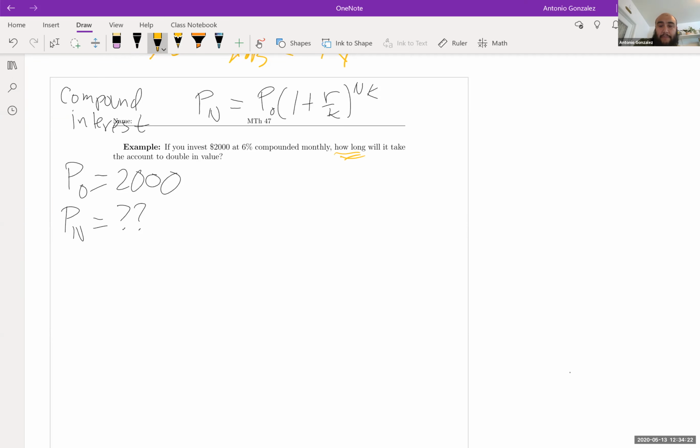So you look here. How long will it take the account to double in value, right? So that means Pn is the value when it doubles, and that is $4,000. Yes, double in value, but if we know the initial, then double means just times 2, right? So if the initial is 2,000, to double means the account has a value of $4,000.